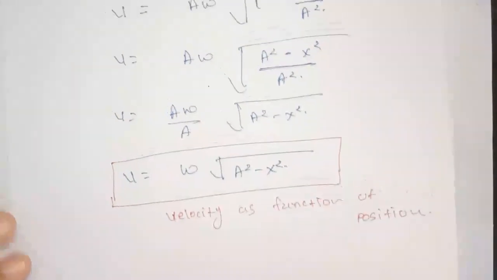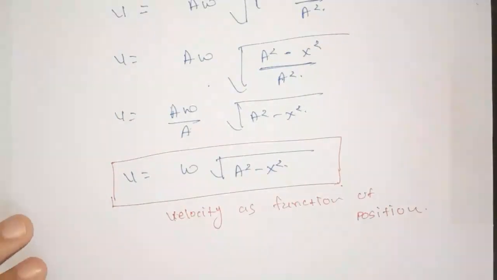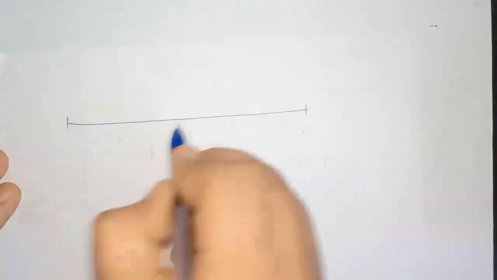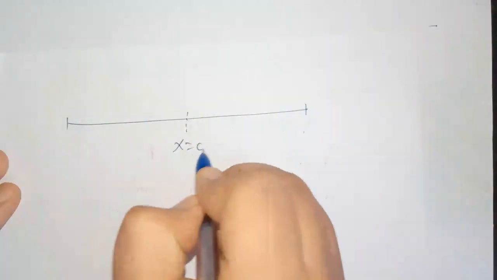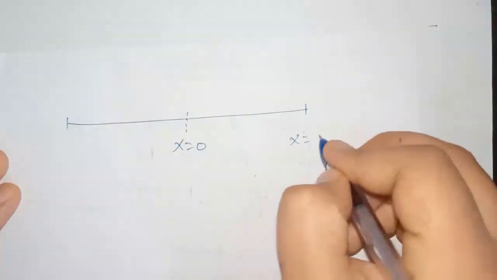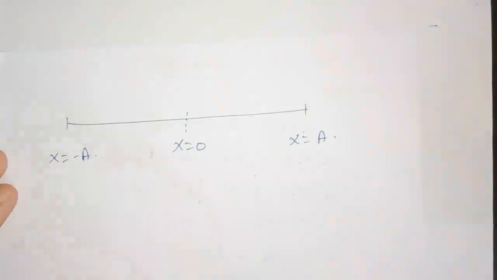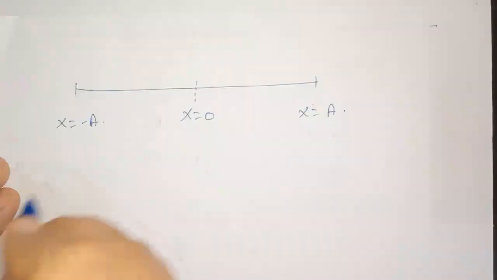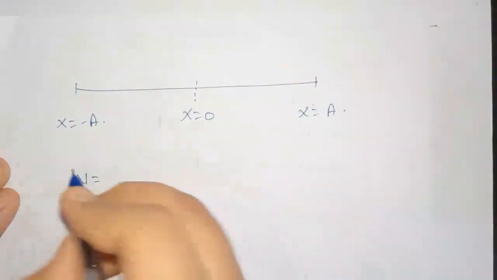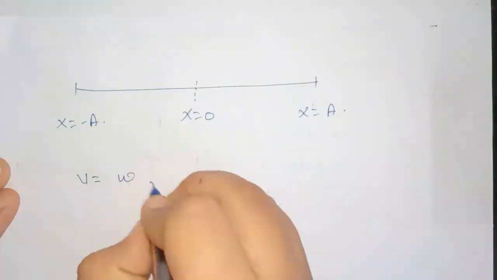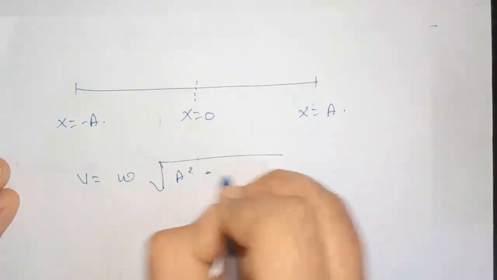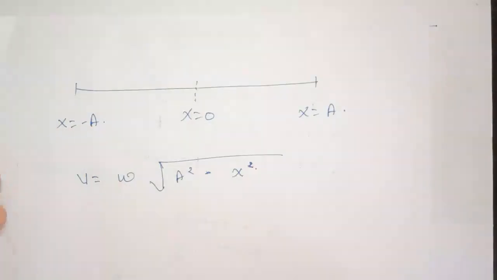Now, let us see some important points about this. Let's say this is the mean position, x equals 0. This is one extreme, x equals A. And this is x equals minus A. The equation of velocity as a function of position is given by omega under root A square minus x square.